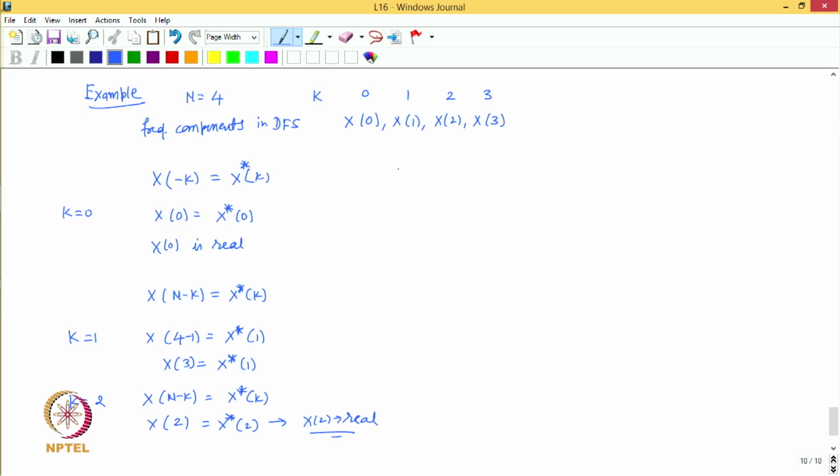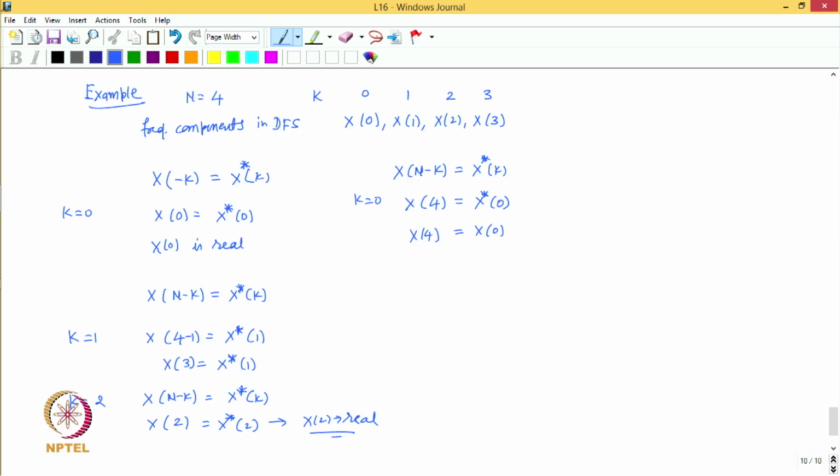Let us also look at this relationship x n minus k is equal to x star k when k is equal to 0. Then what do we get? We get x4, because n is 4, is equal to x star 0, and because x0 is real, we can simply write this as x0. So, x4 is equal to x0.